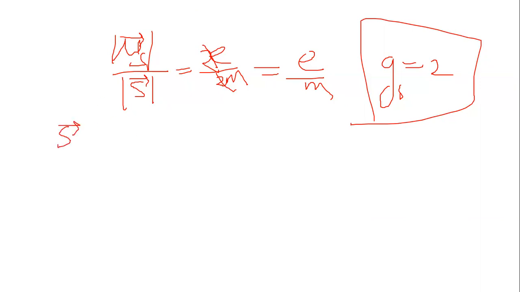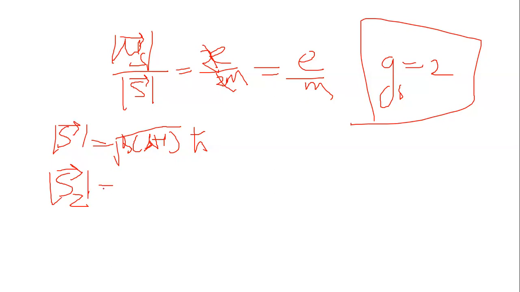So the s vector mod is nothing but root of s into s plus 1 times h cross, and the z component is quantized. So sz, the component of the s vector, is ms h cross.